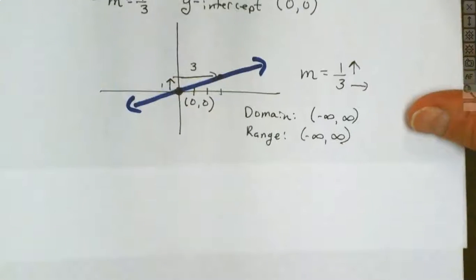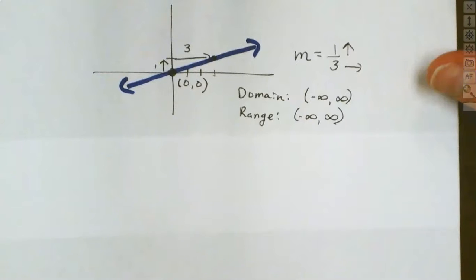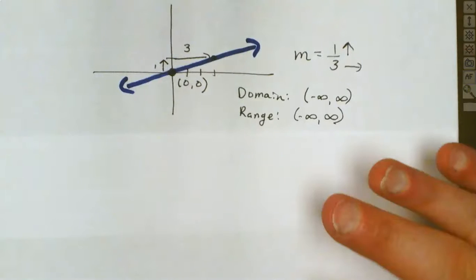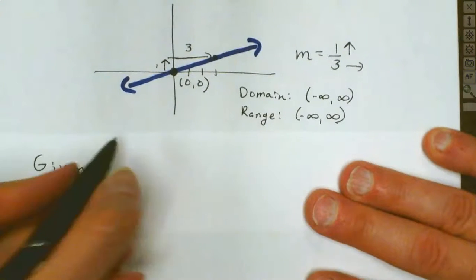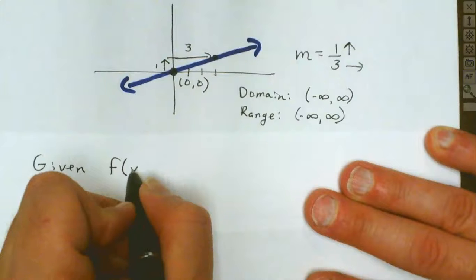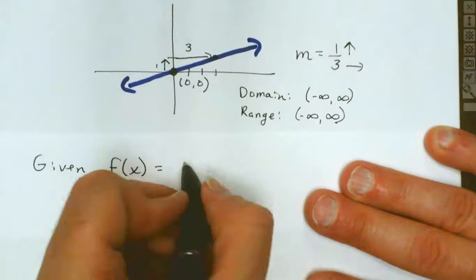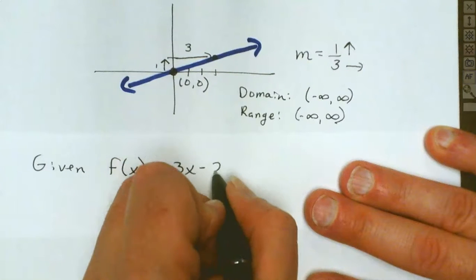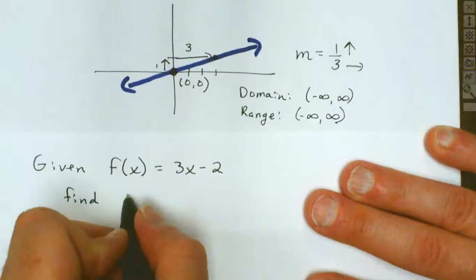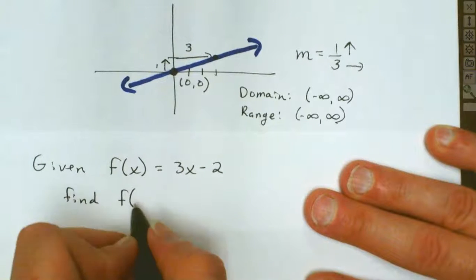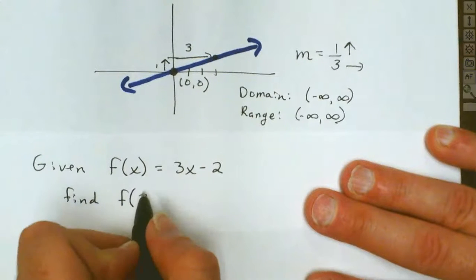So I'm going to give you a function, just like we did a moment ago, and instead of plugging in a number, you're going to plug in a different variable. So let's say you're given f of x equals 3x minus 2. And how about I have you find f of z?